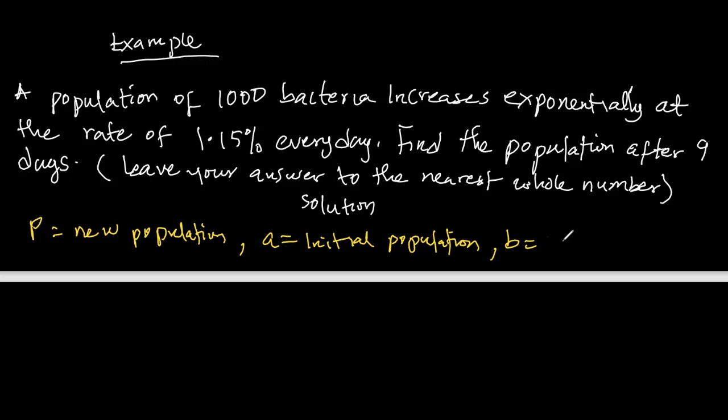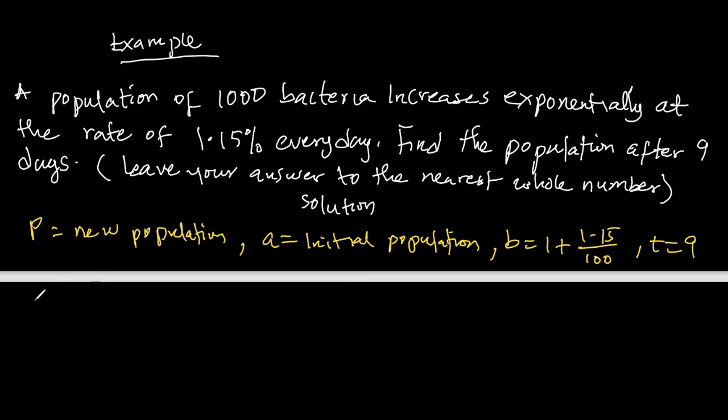So B here is going to be 1 plus 1.15 all over 100. All right. And T is going to be 9 days.